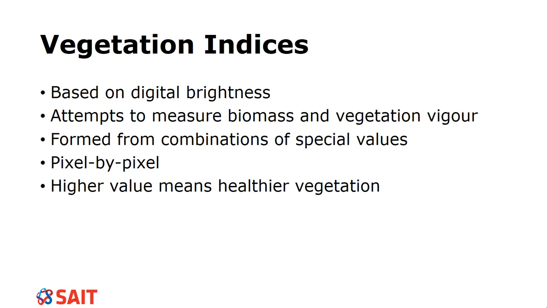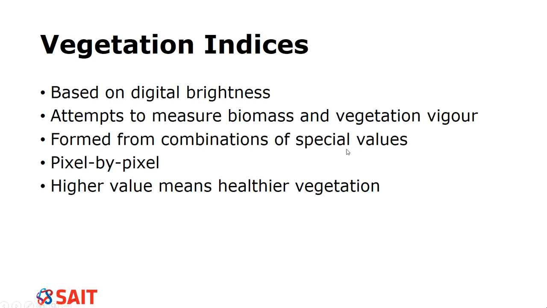Vigor is how healthy that vegetation is, and vegetation indices are a really good indication of how good that vegetation is. We use different values, and that can be from the bands, or it can be spatial, or it can be frequency, or correlation values.